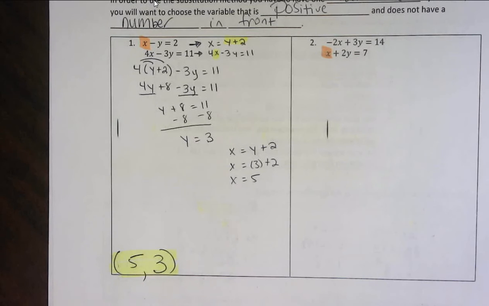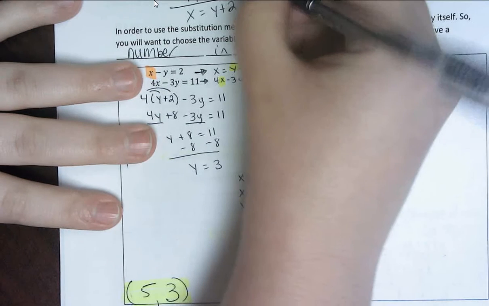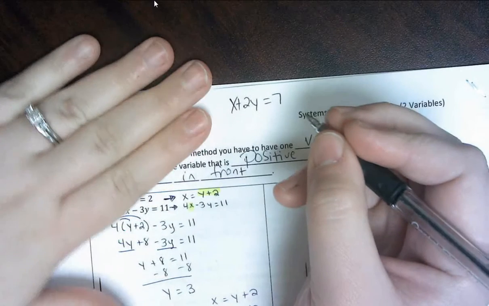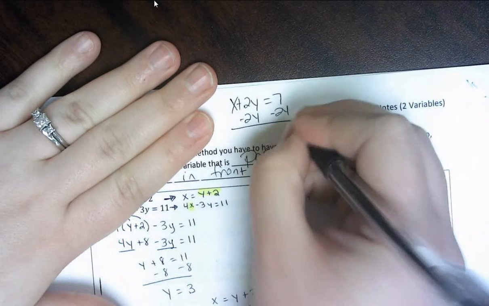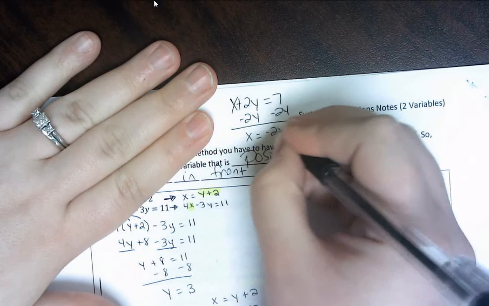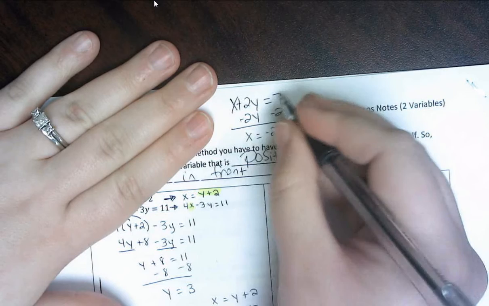All right, so if I had x plus 2y equals 7, and I wanted to get that x by itself, I would minus 2y on both sides to get x equals negative 2y plus 7. So again, just putting my variable term in front of my constant.